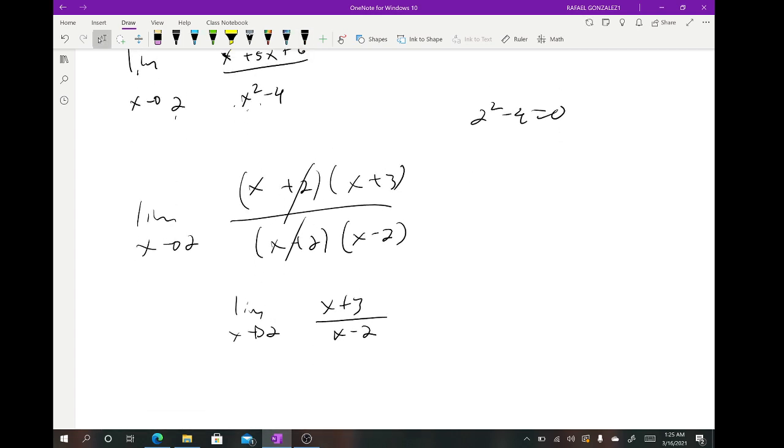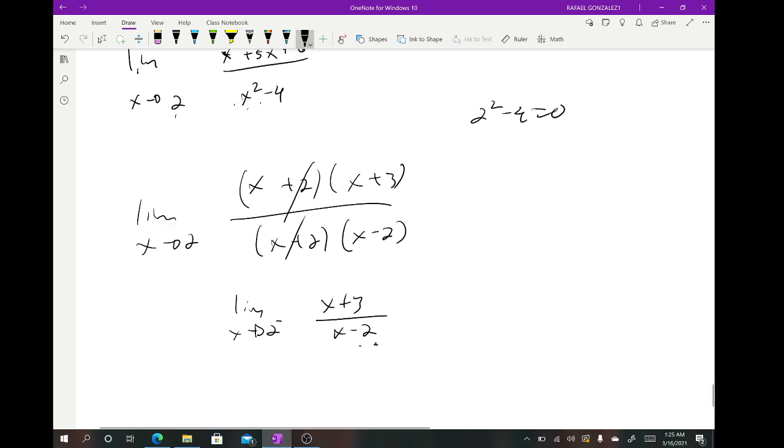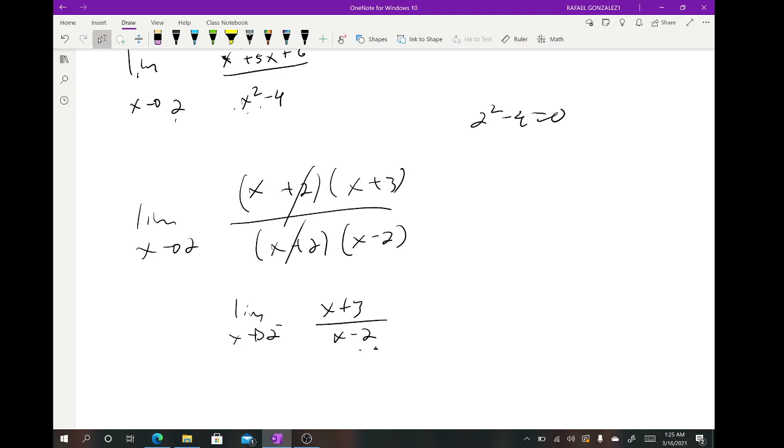And now, you can also tell that I made this problem bad because you still have the same issue. So for this particular problem, you'll have to find the limit from the left and the limit from the right and see what they are. So if somebody gave you the limit from the left for this problem, then notice that you'll be plugging in values that are less than 2.